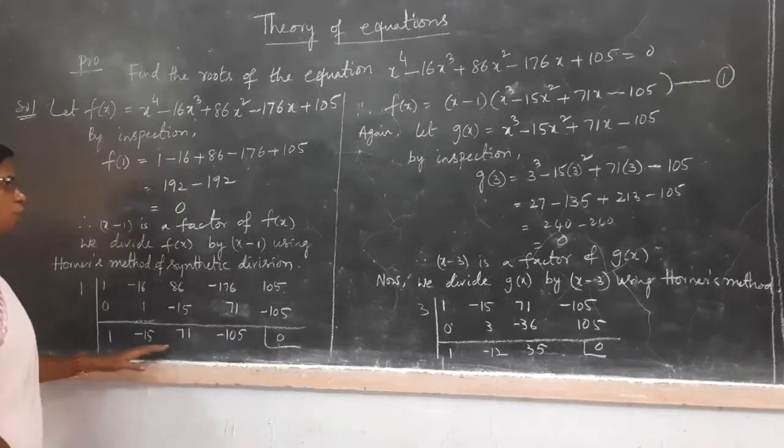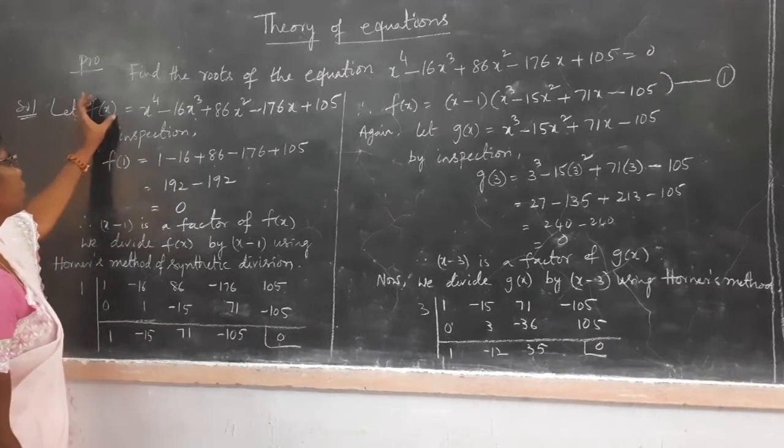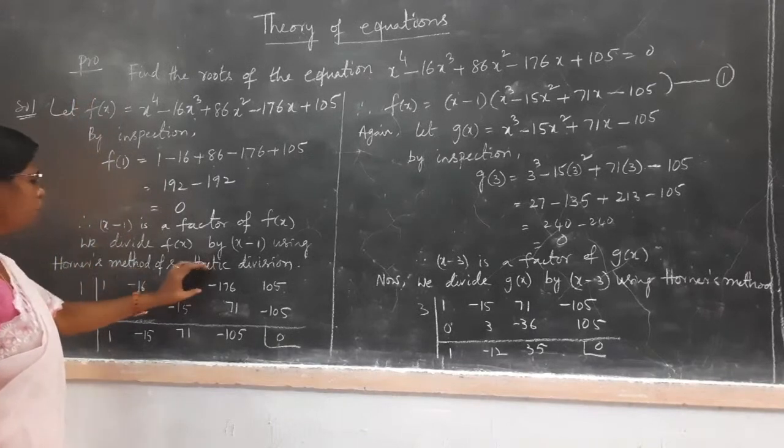So that's why we write f(x) is equal to f(x) divided by x minus 1.